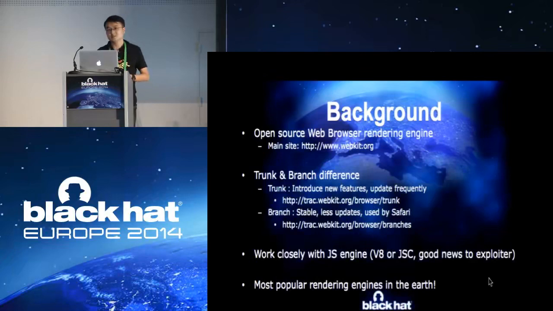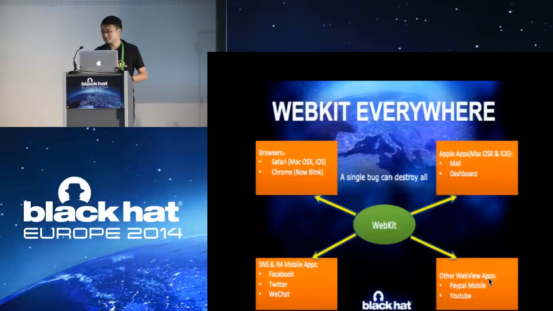Maybe it will introduce a lot of new features in one single day. The branch is used by the Safari product, which is the released version, so it will be updated less frequently. Also, WebKit works along with the JS engine, either V8 or JSC, which allows hackers to do some bad things, which is good for the exploiter.